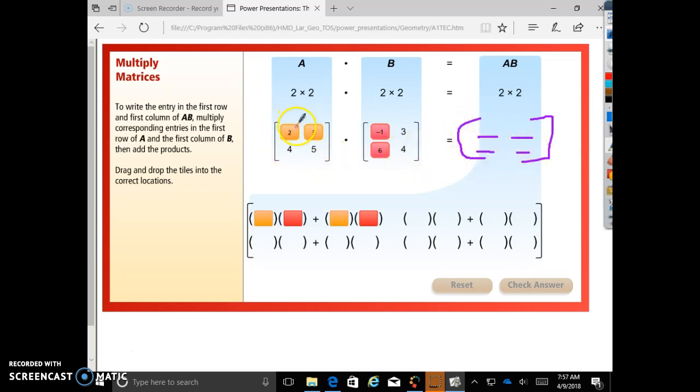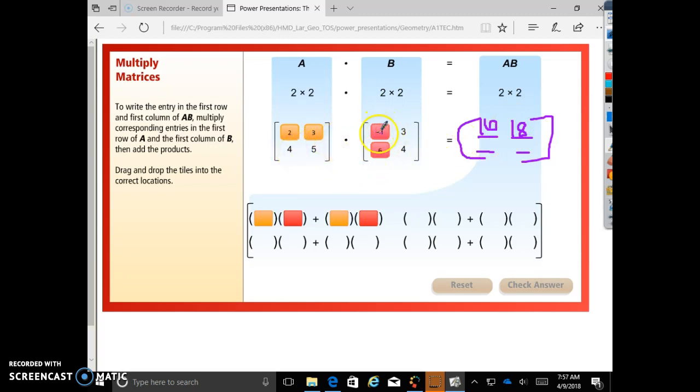All right. So, row 1, column 1. 2 times -1 is -2 plus 18. -2 plus 18, 16. 2 times 3, 6. 3 times 4, 12, 18.